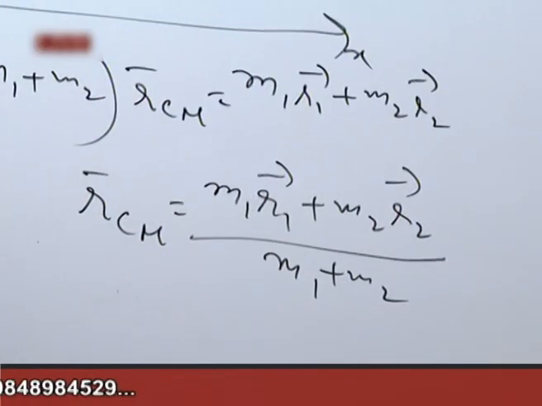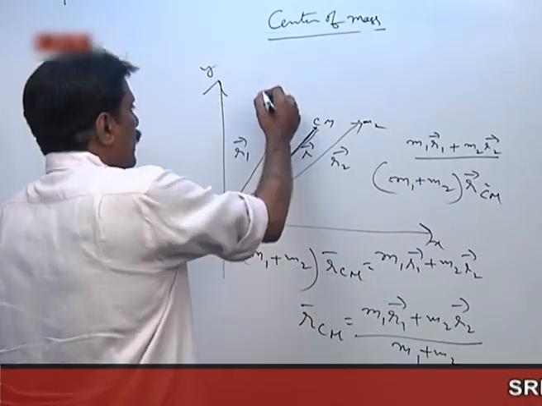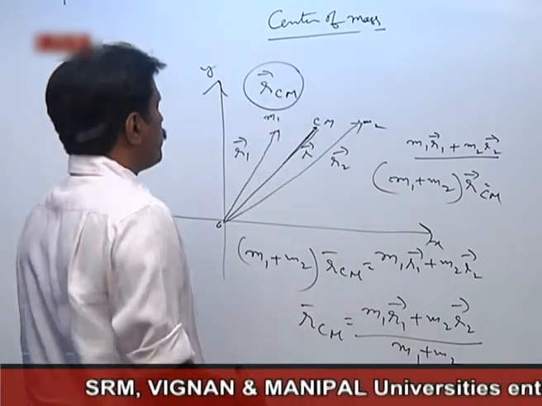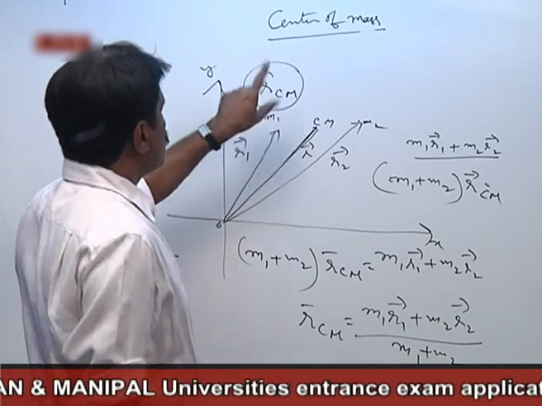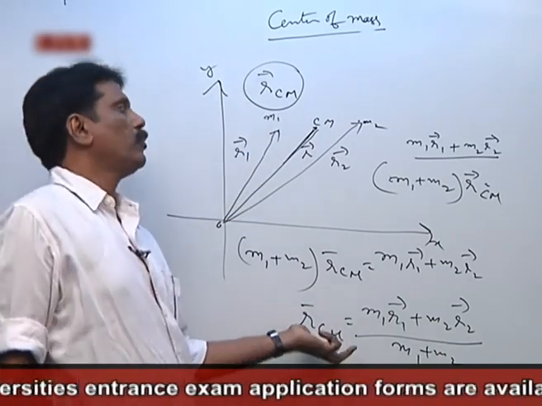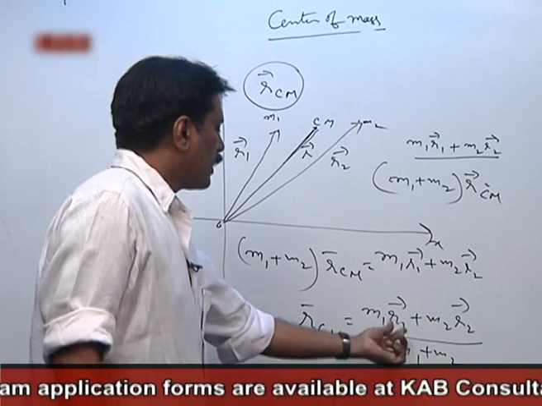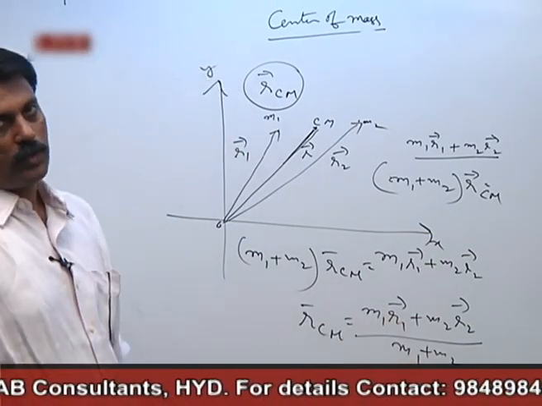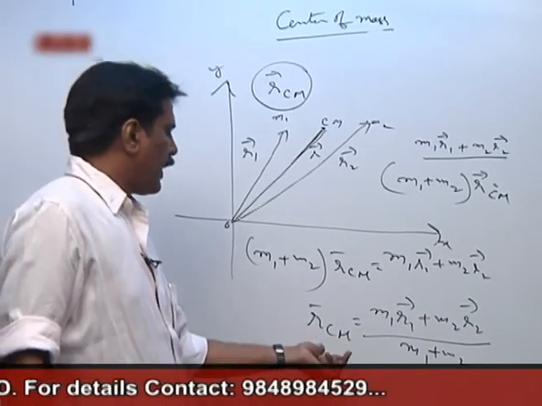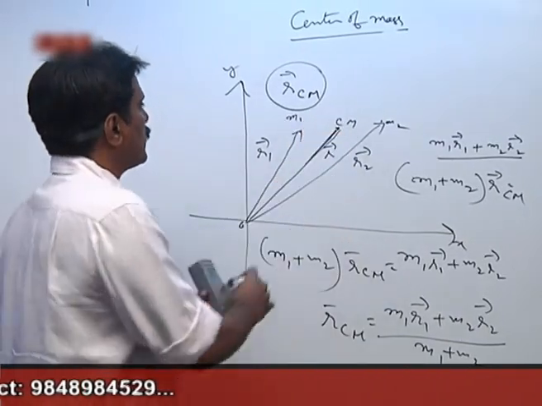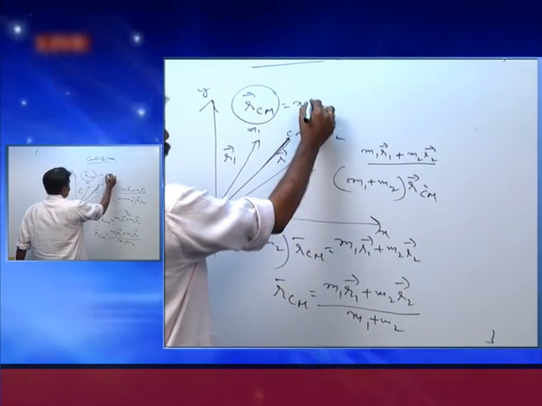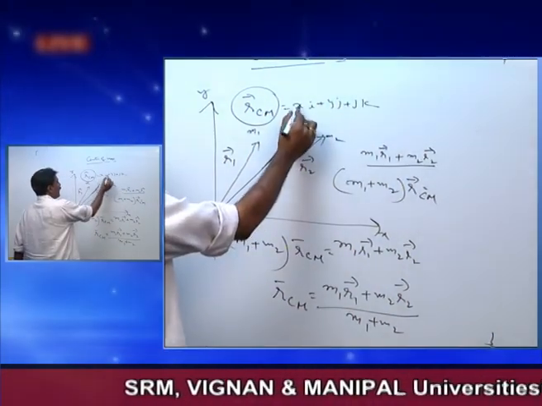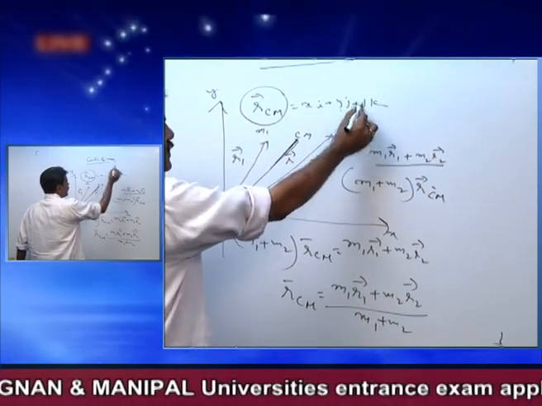Now, we know that RCM is giving you three equations for center of mass: XCM, YCM, ZCM, and R1, R2 also indicate three coordinates of m1 and m2. So, you can write RCM as XCM into i plus YCM into j plus ZCM into k.